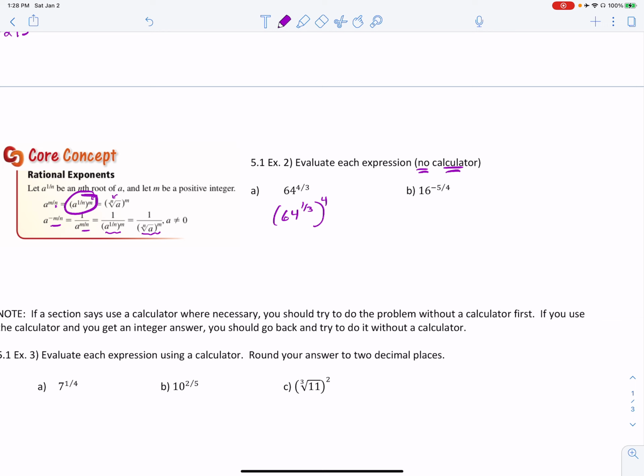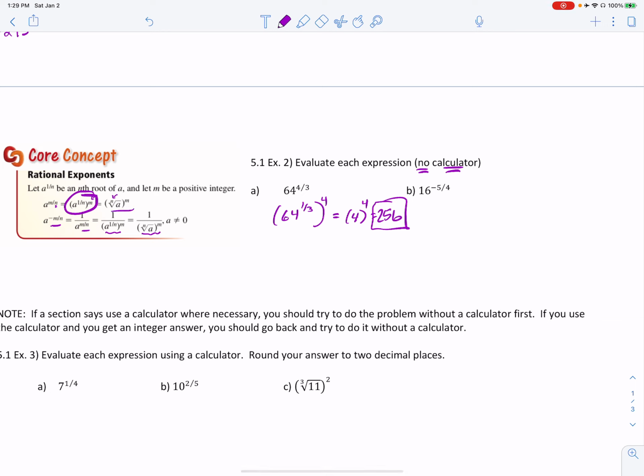And 64 to the 1/3 is the cube root of 64, and 4 cubed is 64, so this means I have 4 to the 4th. And if I multiply that out, I am getting 256. Be sure on your homework to write the original problem down, not just the answers.